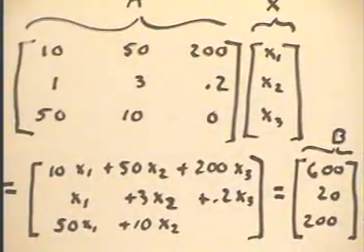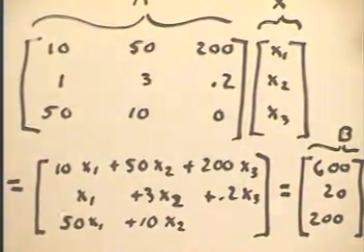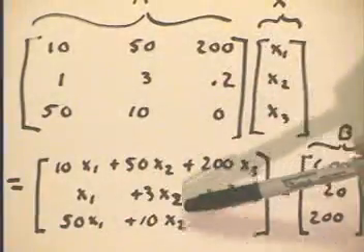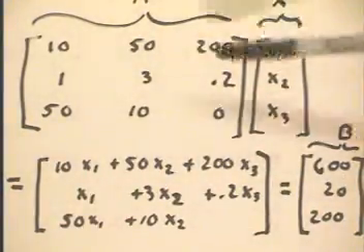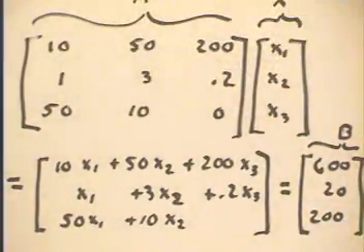If we look up here, we see that this left-hand side can be obtained as a product of two matrices.